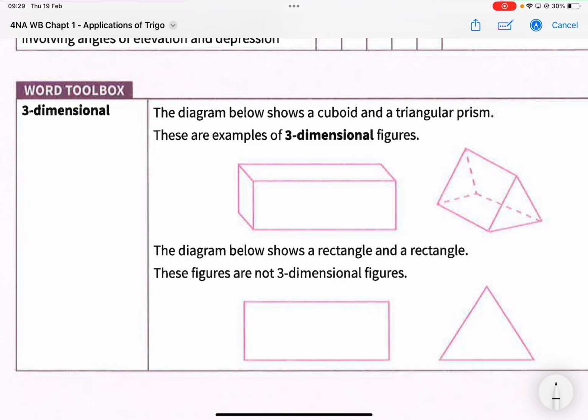It is no longer like bearing, where we're looking from the top and everything is considered flat. Elevation and depression, we're looking from the side, also flat, just up and down. But now with 3D, there is a depth, a thickness.